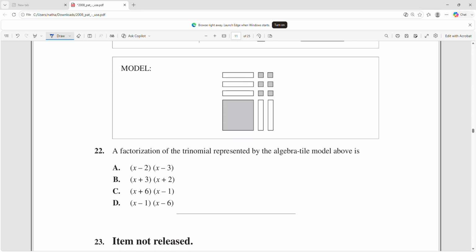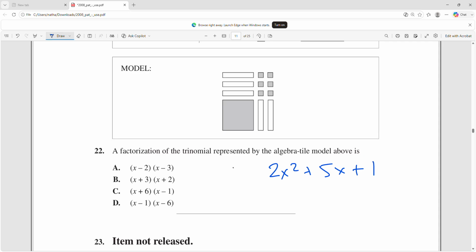It says the factorization of the trinomial represented by the algebra tile model above is... So when we have a polynomial, like I'm just going to make one up here, plus 5x plus, I don't know, 1.